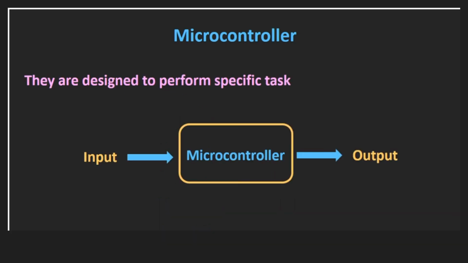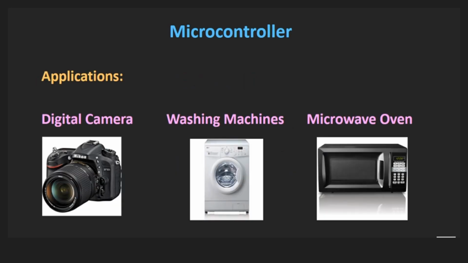In a microcontroller system, we give the input, the microcontroller processes the data and produces the output. It is also designed to perform a specific task. Some applications of the microcontroller are digital camera, washing machine, and microwave oven.